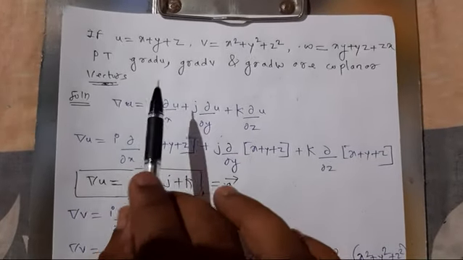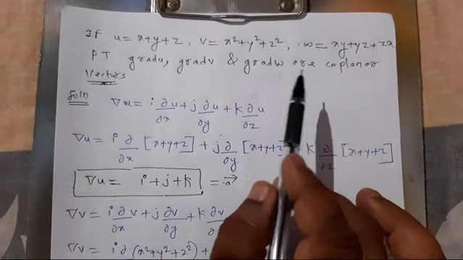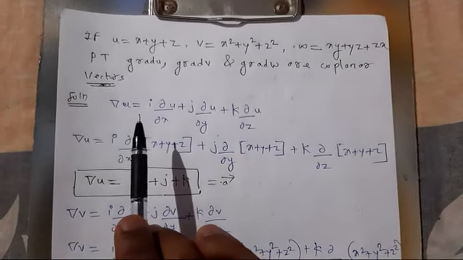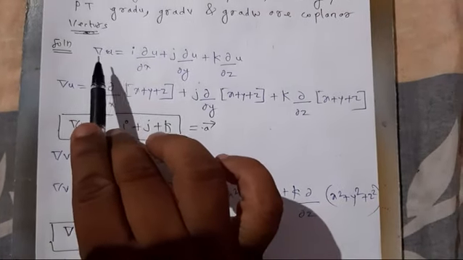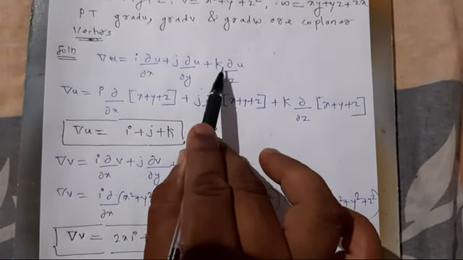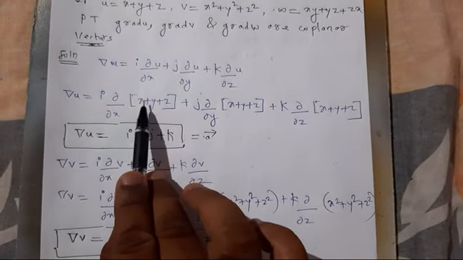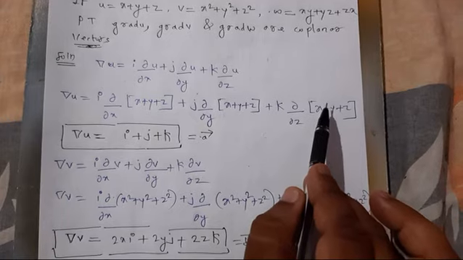Before proving these are coplanar vectors, first I will find gradient of u, gradient of v and gradient of w. First I will find gradient of u, that is del of u. I will write the formula, then differentiate the function u with respect to x, y and z.